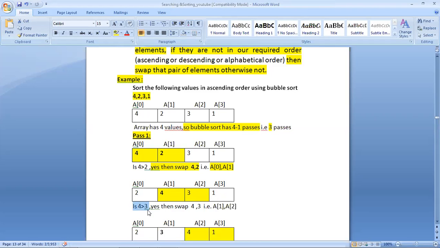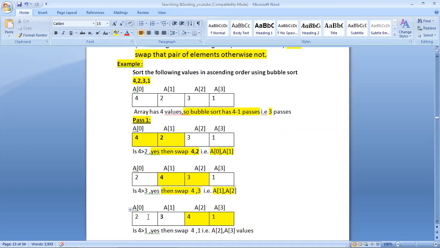Is the second value greater than the third value? Yes, meaning both are not in ascending order. Then we swap 4 and 3, that is A of 1 and A of 2, which are nothing but the second and third values of the array. After the swap operation, now the array values are 2, 3, 4, 1.